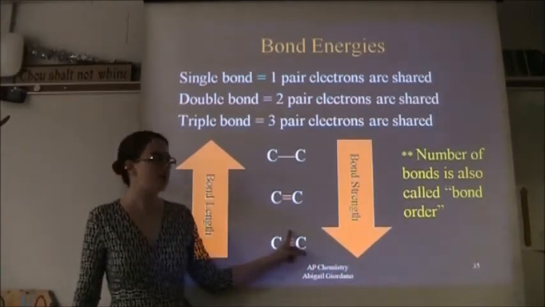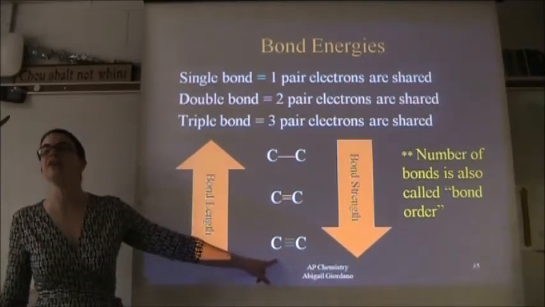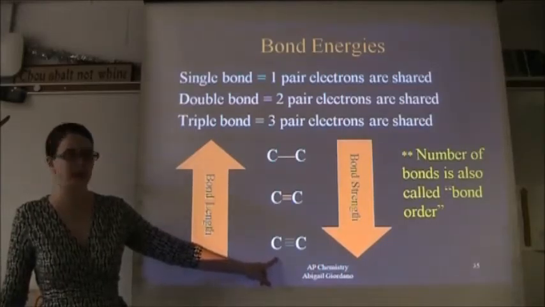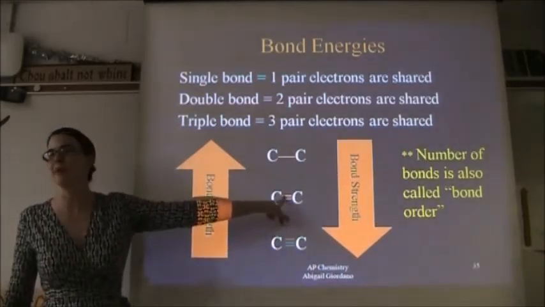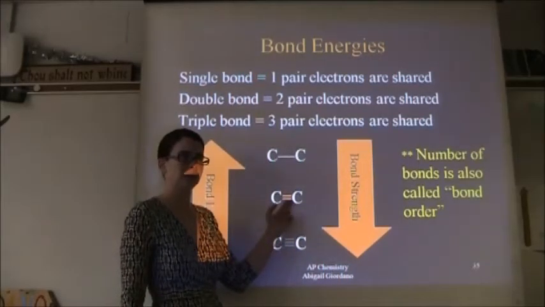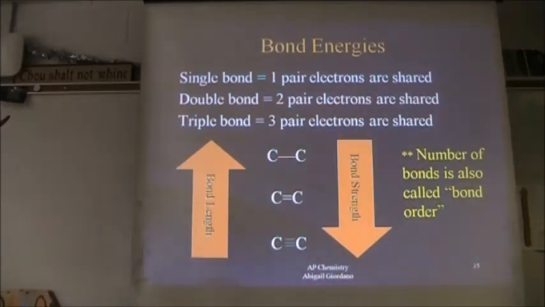Sometimes I'll say that this has a bond order of 3. It's just a fancy way of saying the same thing. I could say this is a double bond, or I could say it has a bond order of 2. This has a bond order of 1. And you might think, why would I ever use that term? It's going to come in handy, not today, but later on, I promise you.